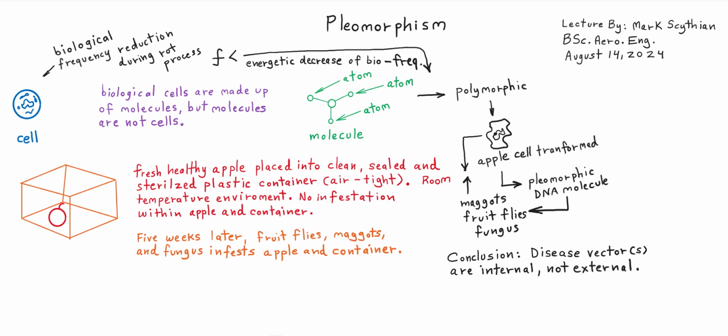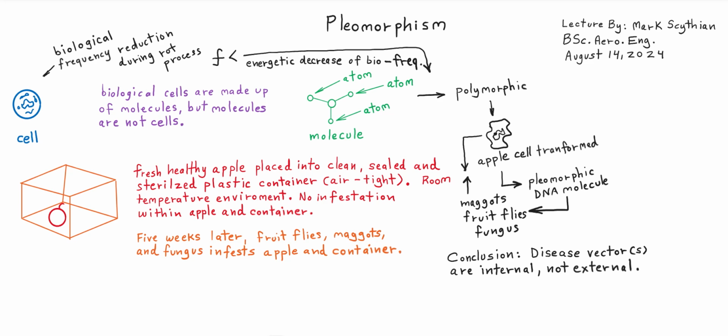You couldn't open up an organism and say, oh, I see visible parasites. No, we're talking about intercellular parasites. So that's probably more a broad blanket term for pleomorphic cellular alterations, changes, transformations, or just plainly pleomorphism.